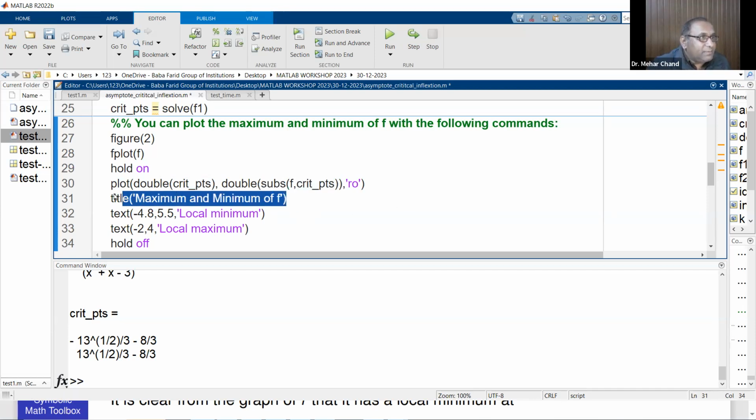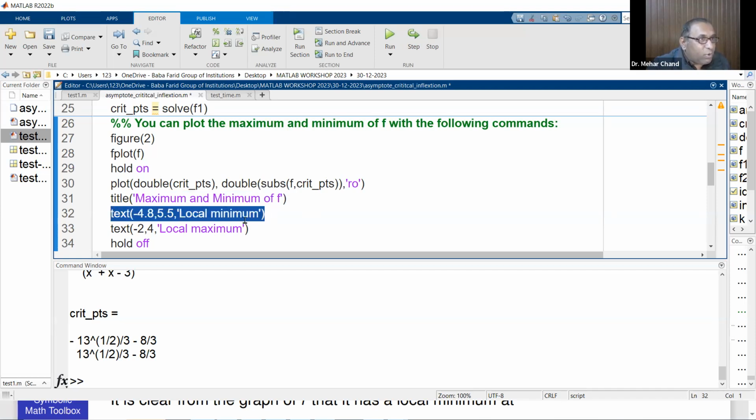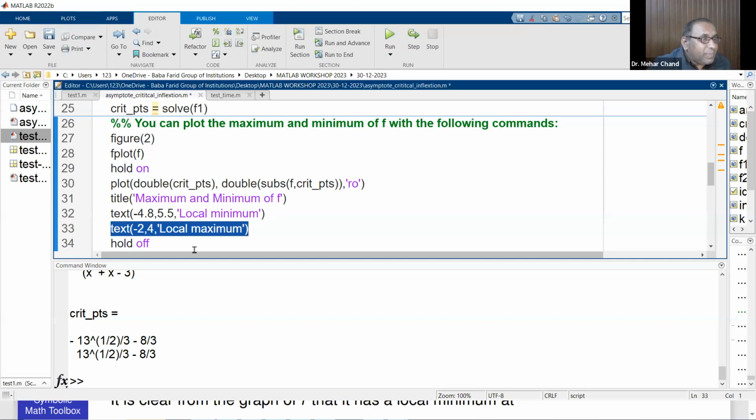Then this is the title, and you can fix the text: local minimum and local maximum. These are the ranges where you want to fix the text. This text will appear in the image for the local minimum, and this one for the local maximum, and then hold off.